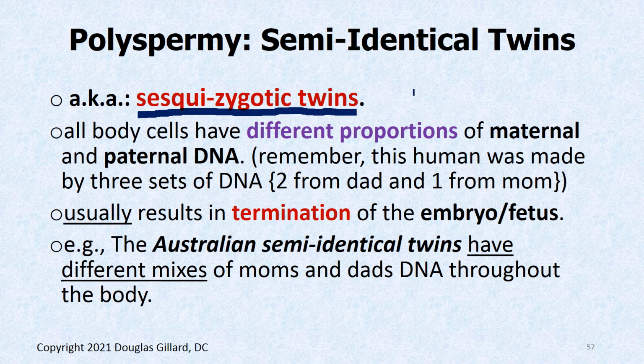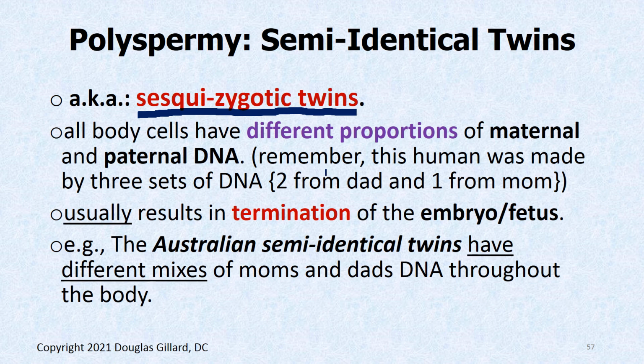And so, what's the deal with this? Well, all of the body cells will have different mixes of chromosomes. Maybe 33% will be mom, 33% will be sperm 1, 33% will be sperm 2 in some cells. Some cells 80% will be mom, 10% will be sperm 1, 10% will be sperm 2.